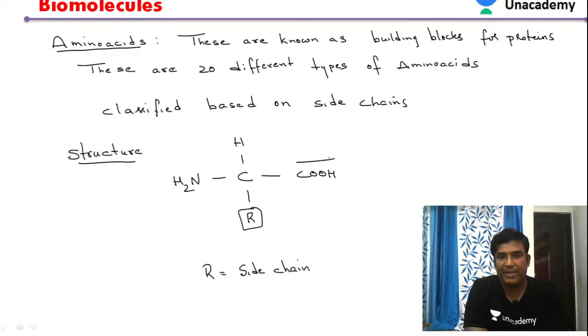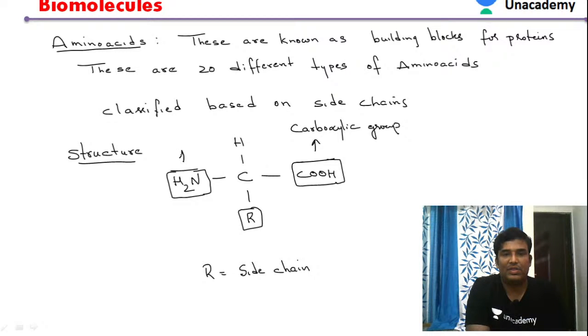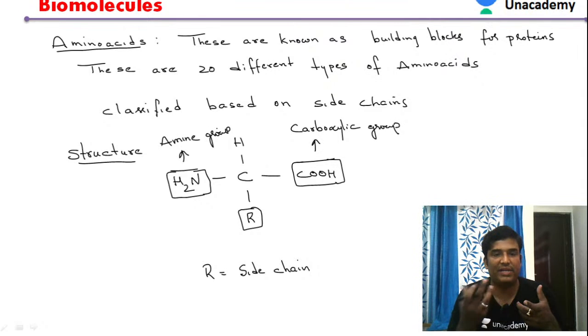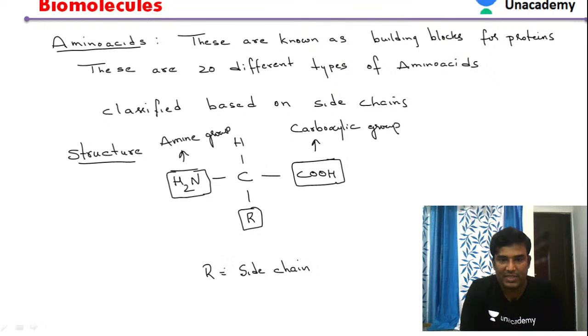Every amino acid has one carboxyl group, and this is called the carboxyl group. This is called the amine group. So every amino acid has one carboxyl group as well as one amine group, and R is the side chain.